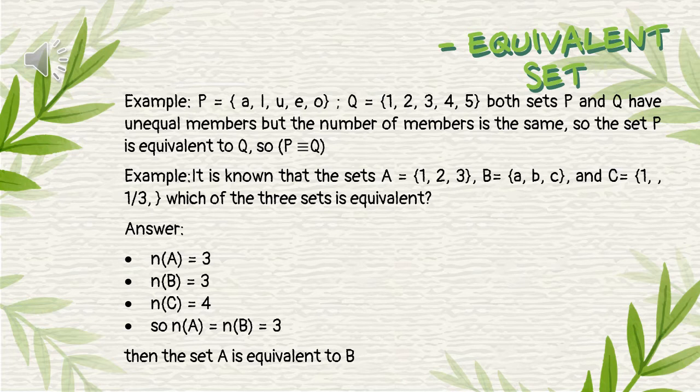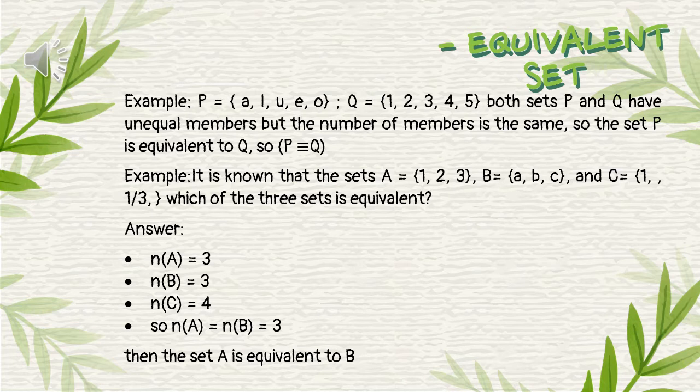Example, it is known that set A is {1, 2, 3}, set B is {A, B, C}, and set C is {1, 1/3, ...}. Which of the three sets are equivalent?